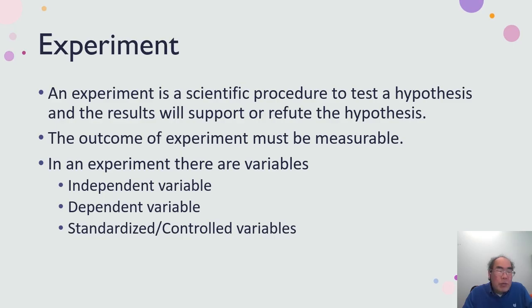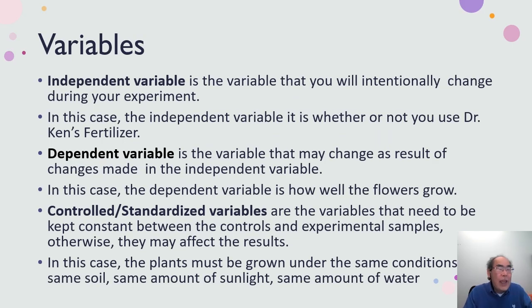Okay. Now, the outcome of the experiment must be measurable, and in an experiment, there are variables. A variable is anything that can change within an experiment, and there are three major types. We have the independent variable, the dependent variable, and the standardized or controlled variables. Okay? So the independent variable is a variable that you intentionally change during the experiment.